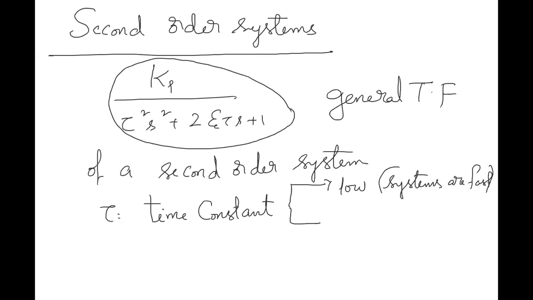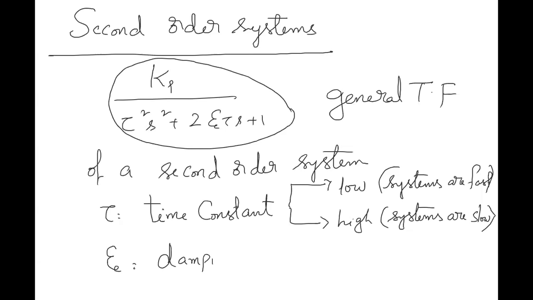If it is high, systems are slow. Then what is zeta? Damping factor.